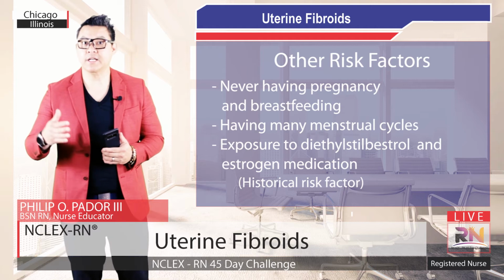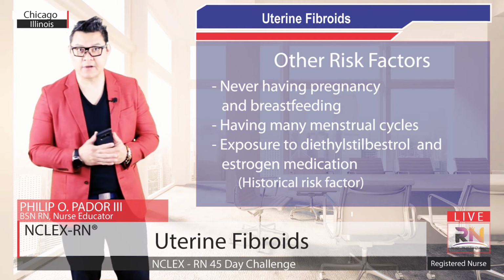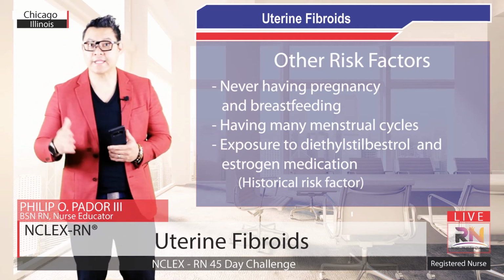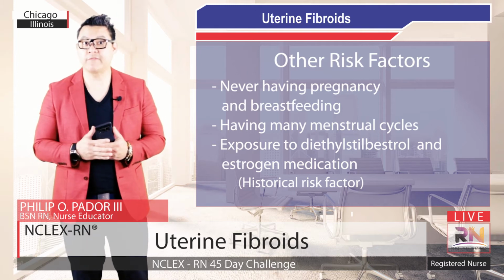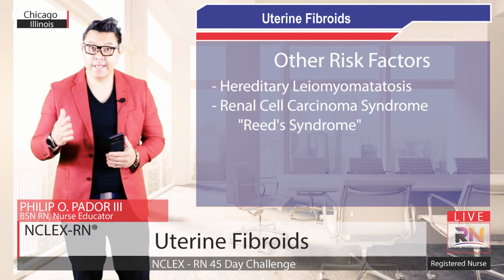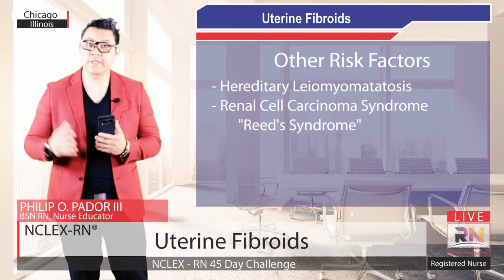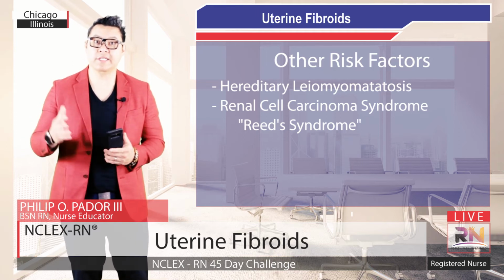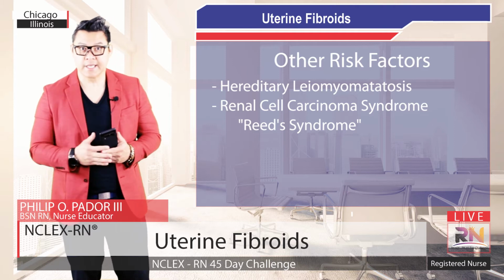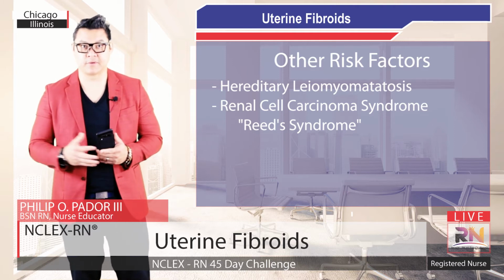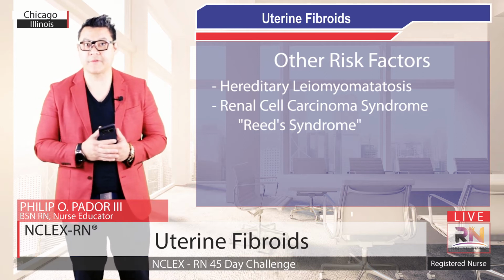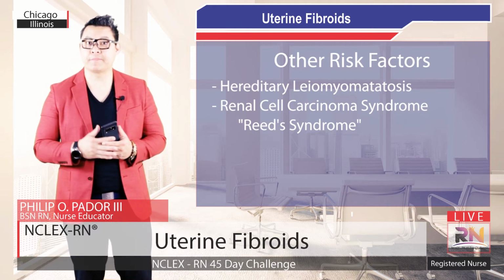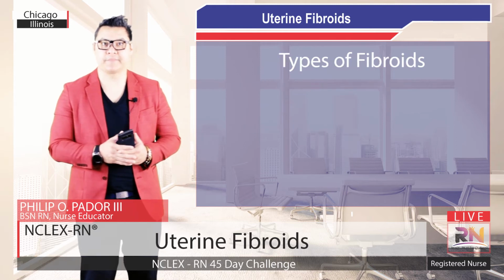Finally, a historical risk factor that's less relevant now was exposure to diethylstilbestrol and estrogen medications that used to be given to pregnant women. In rare cases, fibroids are linked to a hereditary condition called hereditary leiomyomatosis and renal cell carcinoma syndrome, also called Reed syndrome, which causes skin and uterine fibroids and an aggressive form of papillary renal cell carcinoma.